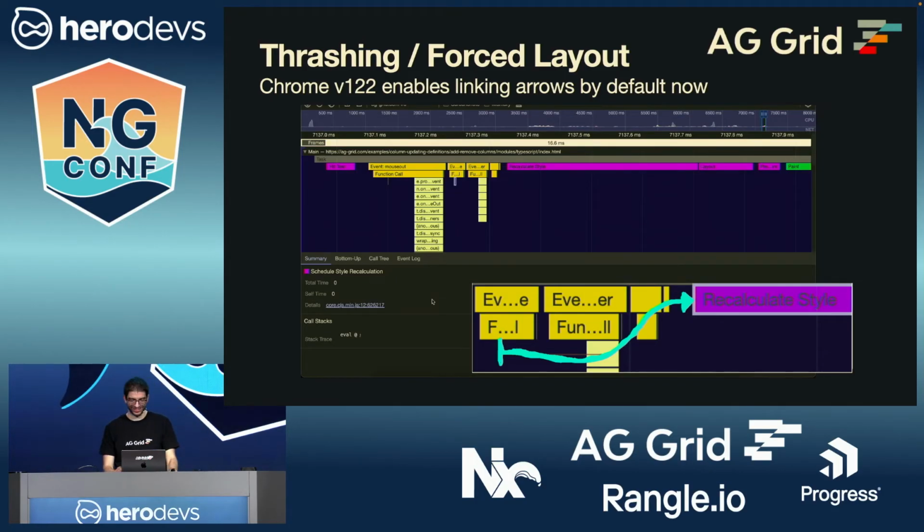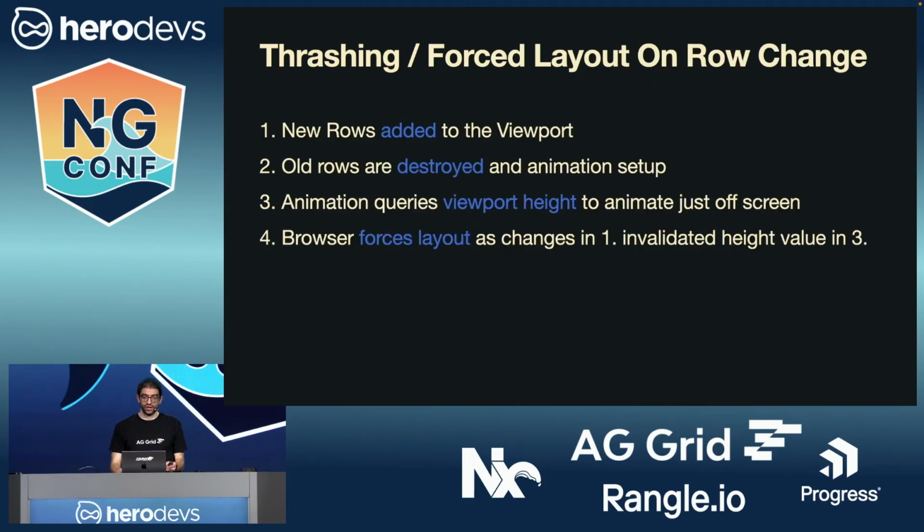I'm just highlighting it because the arrow is very small, so I don't think you'd be able to see it. And also in the summary panel, there's a tiny link which says the source, and you can click on that, and again, if you've got source maps, it will take you to the line of code which caused the style to change.